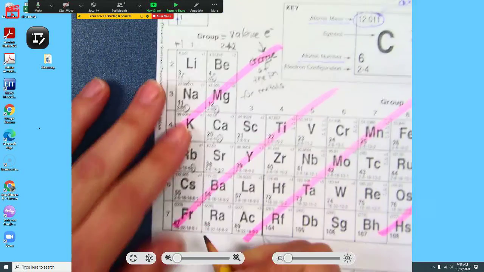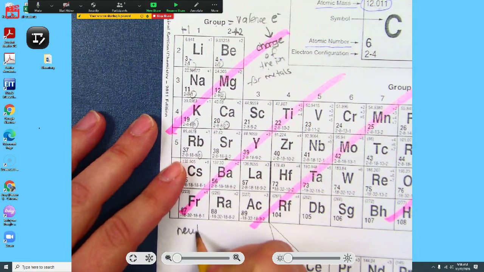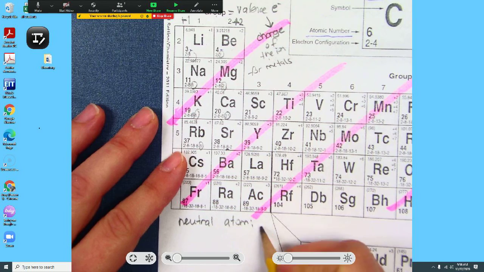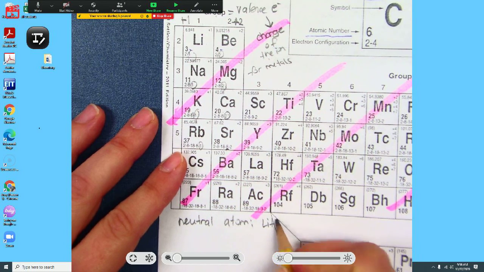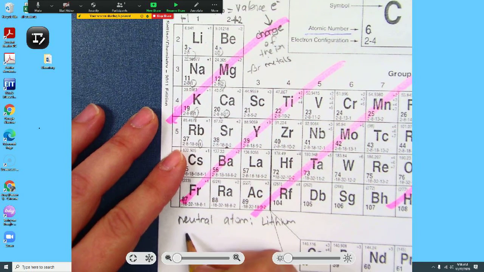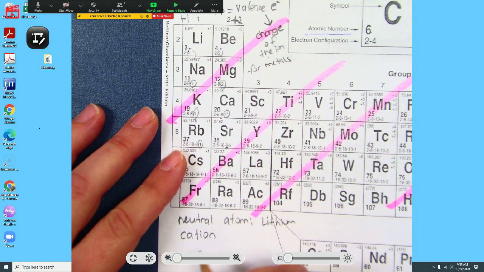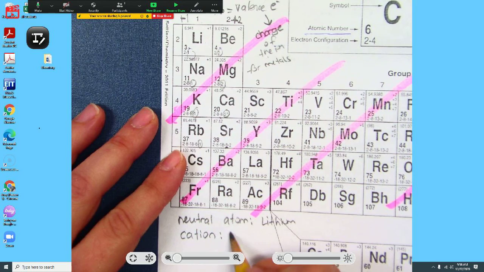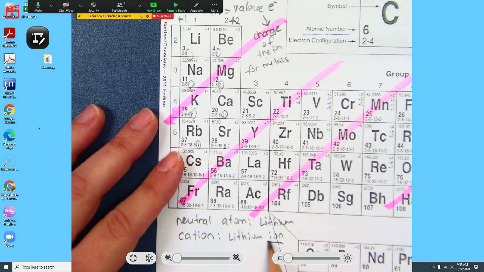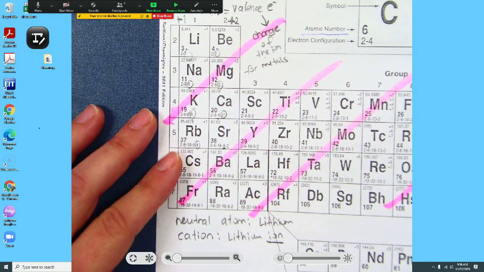So when it is a neutral atom, we call it lithium. When it is a cation, which becomes an ion, we call it lithium ion. So there is no name change there. You only add ion there.